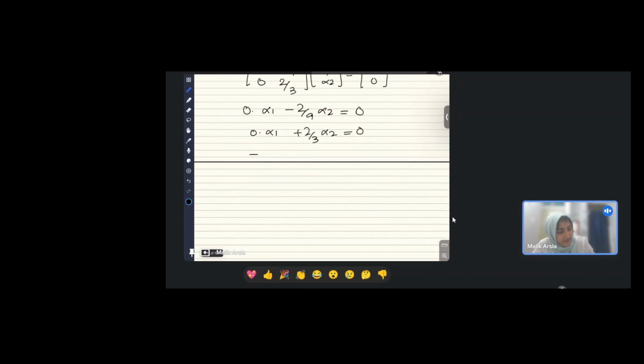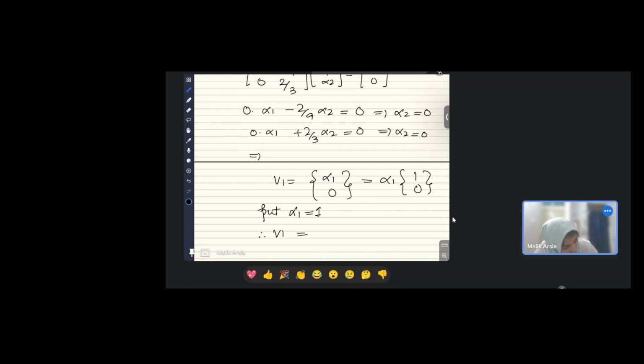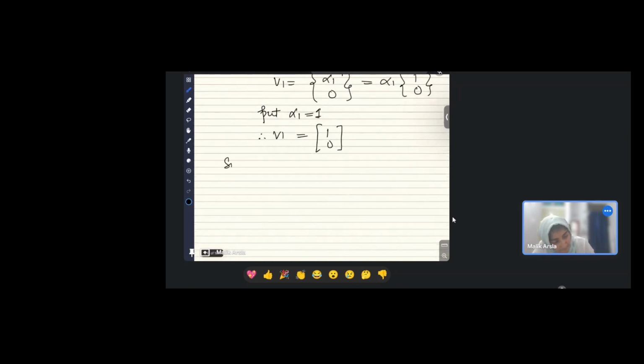From here, this implies what? Alpha 2 is equal to 0, because we cannot say anything about alpha 1, it's already multiplied by 0. So alpha 2 is equal to 0, and here also alpha 2 is equal to 0. So for sure V1 is equal to [alpha 1, 0], which we can write as alpha 1 into [1, 0]. Now putting alpha 1 as 1, we get V1 as [1, 0].